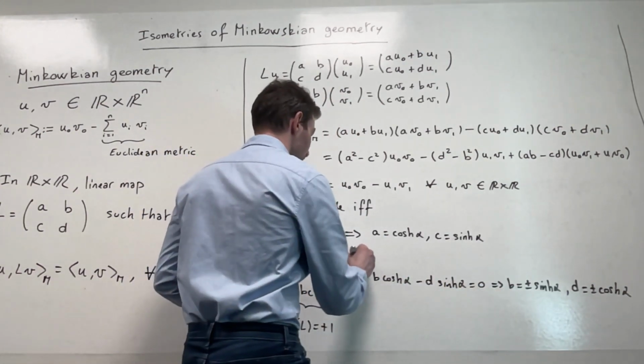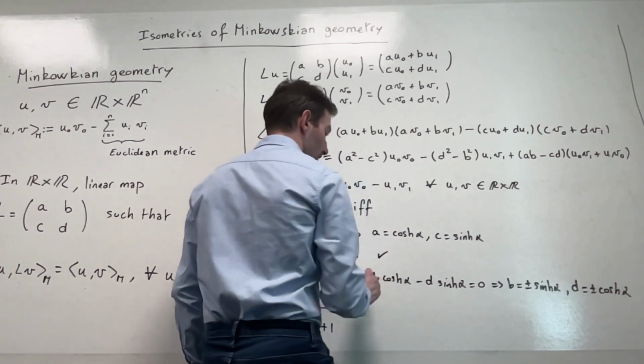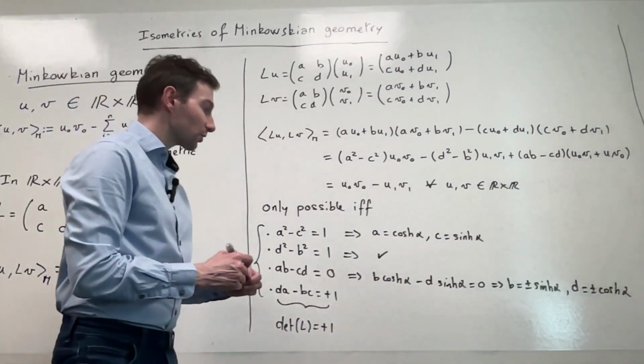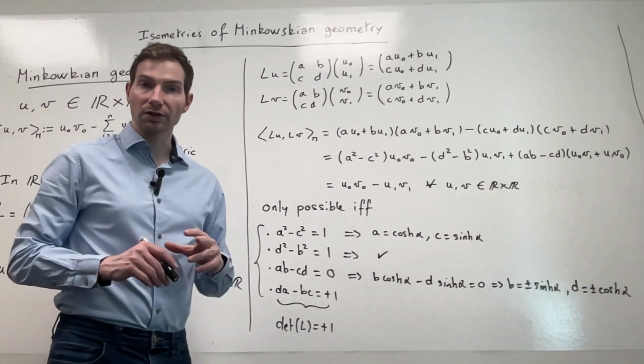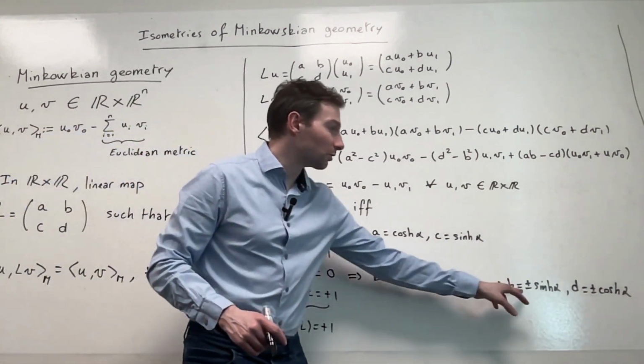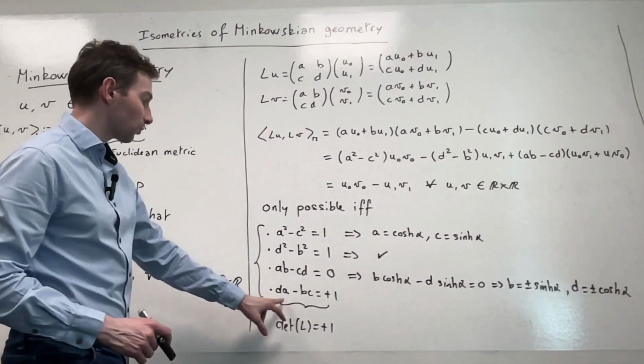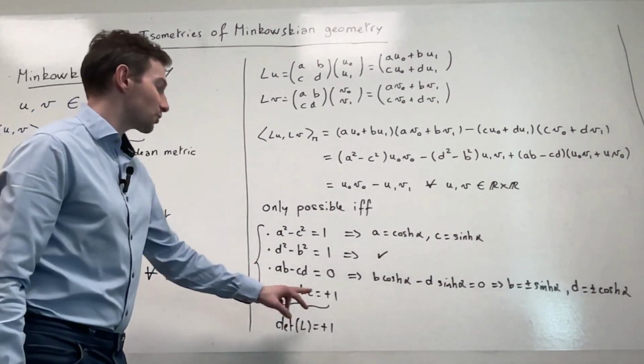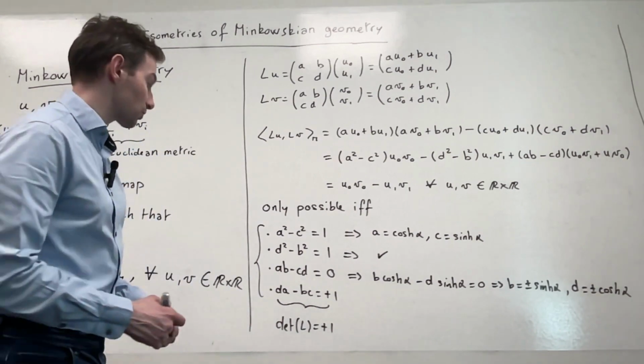So this particular assumption does match this equation. This equation turns out to be satisfied if B and D satisfy this. What is going to disentangle whether it should be plus or minus is this final one here. We need to have A times D minus BC equal to plus 1.